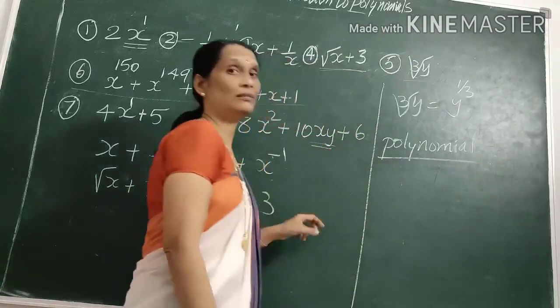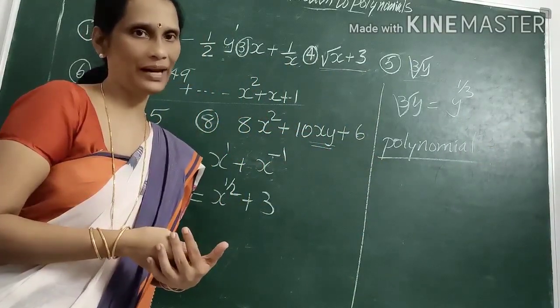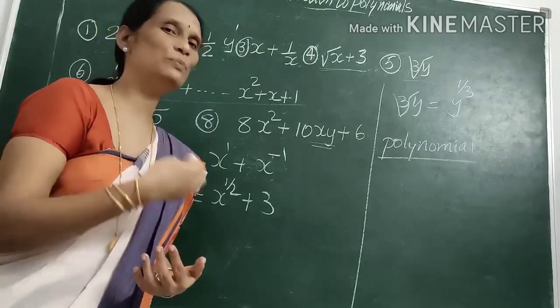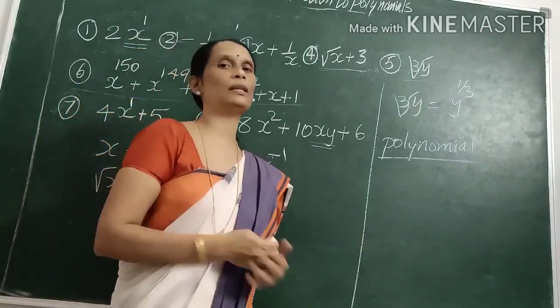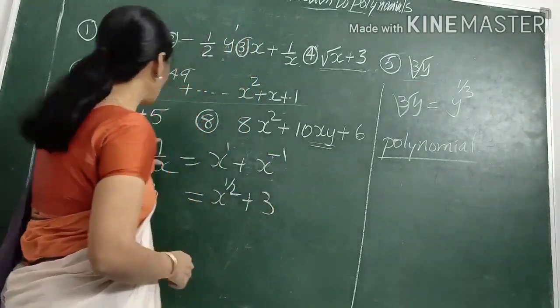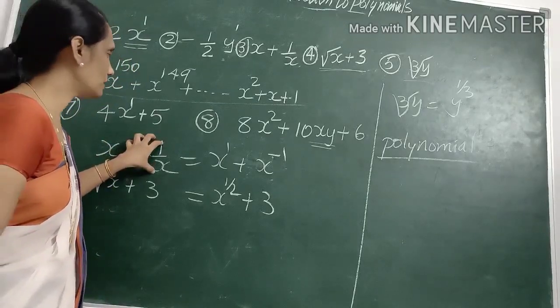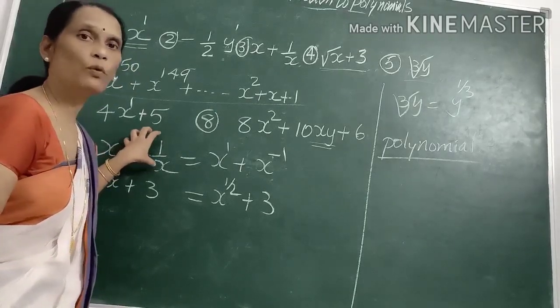Polynomial and algebraic expression have a little bit of difference. All polynomials are algebraic expressions, but not all algebraic expressions are polynomials. That is where children make mistakes. See here, x plus 1 by x. This is an algebraic expression, but it is not a polynomial. Why?